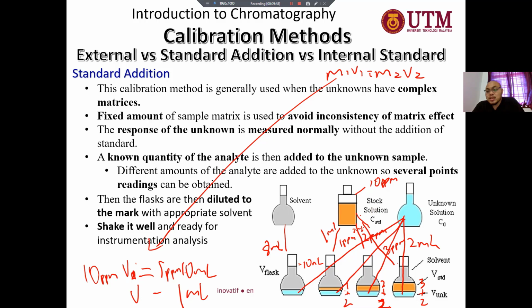But the stock solution amount that you add is very minimal to avoid inconsistency of matrix effects. I won't discuss the second method in detail, but I just want you to get the idea. If in the future you have a lot of matrix effects but at the same time you don't want to dilute your sample, this applies. So here is the common way.